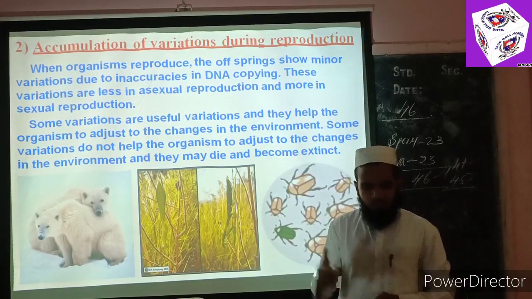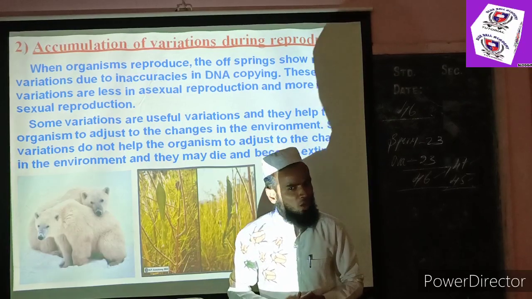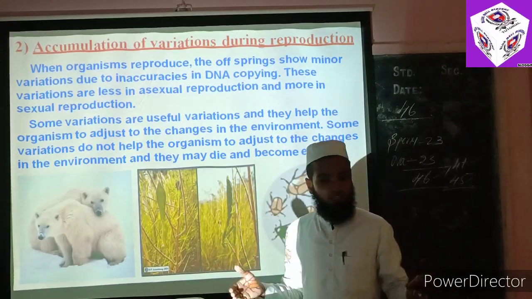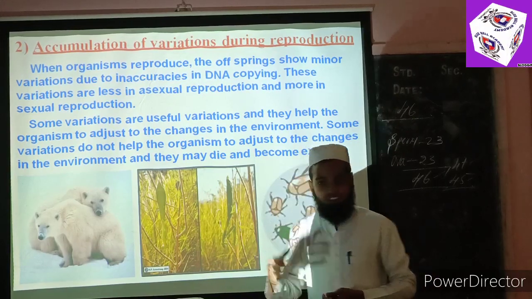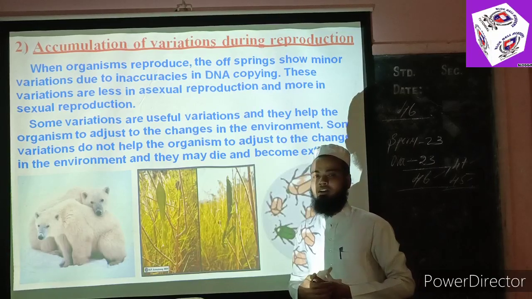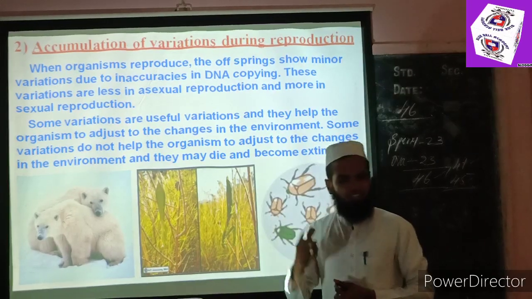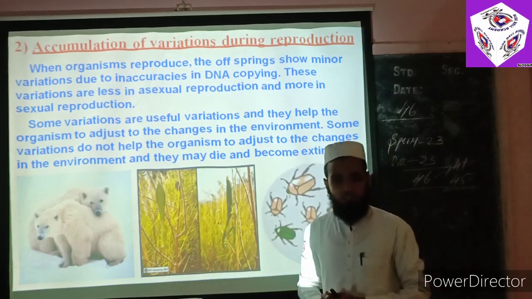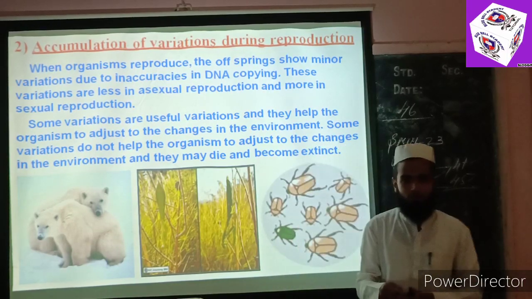In the reproduction lesson you may have gone through one example. Some bacteria are living in water bodies, and suddenly there is a rise in the temperature of the water body due to global warming. Due to the increase in temperature, most bacteria will die, but a few of them will survive.